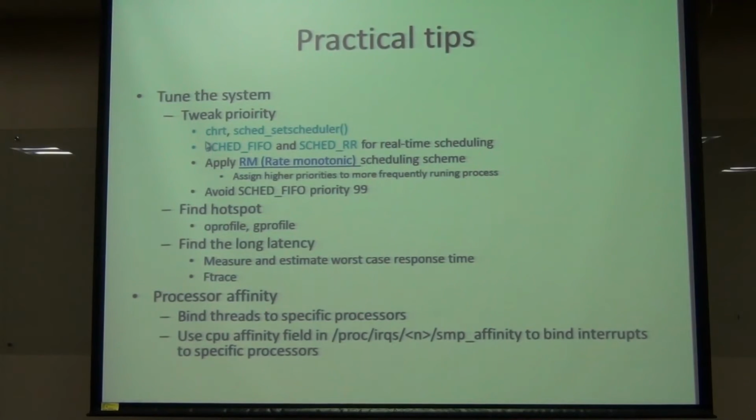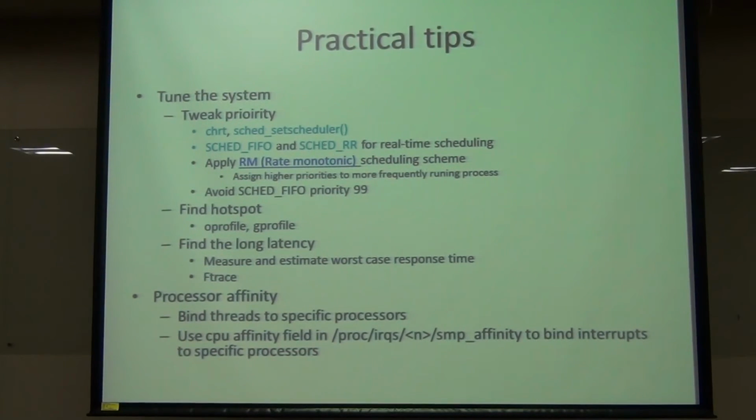And of course, you need to try to measure worst-case response time, and based on that, you need to tune your priorities. But try not to use SCHED_FIFO scheduling with 99. If you use this, your process can hold the whole system if it misbehaves.